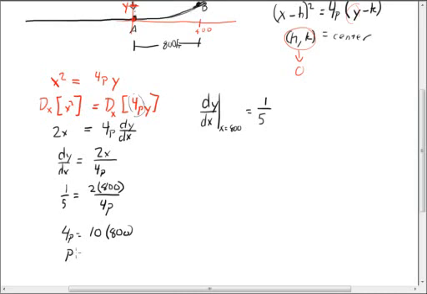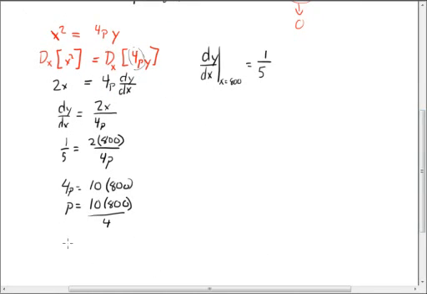So p is equal to 10 times 800 over 4. P is equal to 2,000.